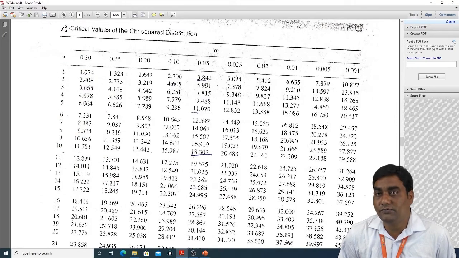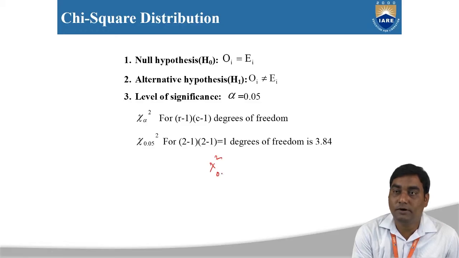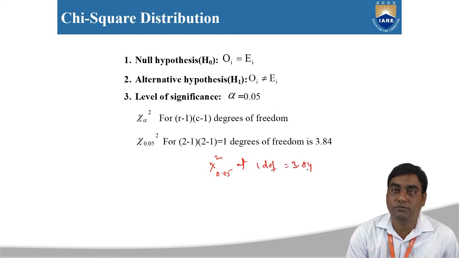At 1 degree of freedom, where nu or n minus 1 is 1, the value is 3.841. So chi-square 0.05 at 1 degree of freedom equals 3.84.